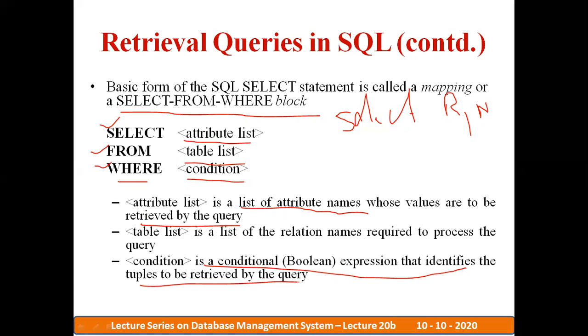For example, if I ask you to retrieve the roll number and name of the student whose CGPA is maximum, then in the where condition I will put the maximum CGPA. So after select, I specify the attribute names; from takes only the table list; and where takes the conditions.